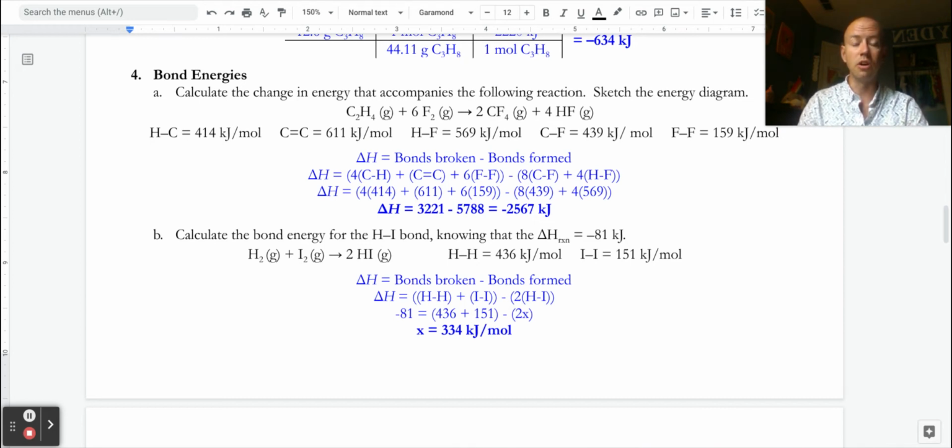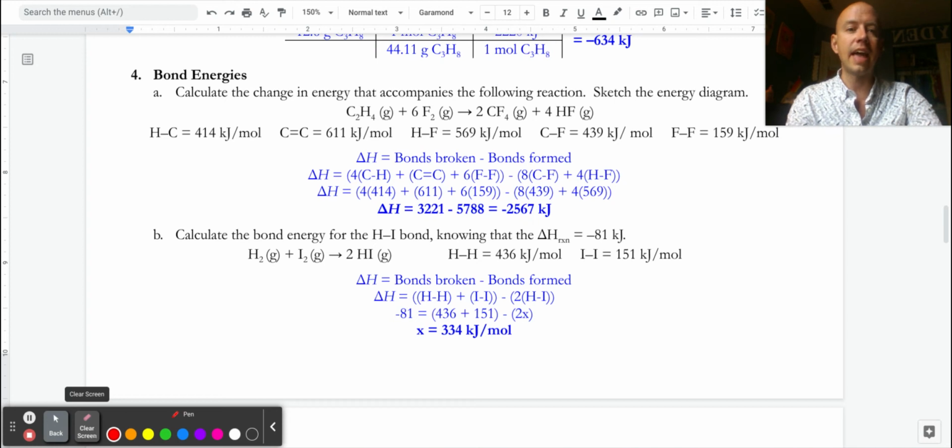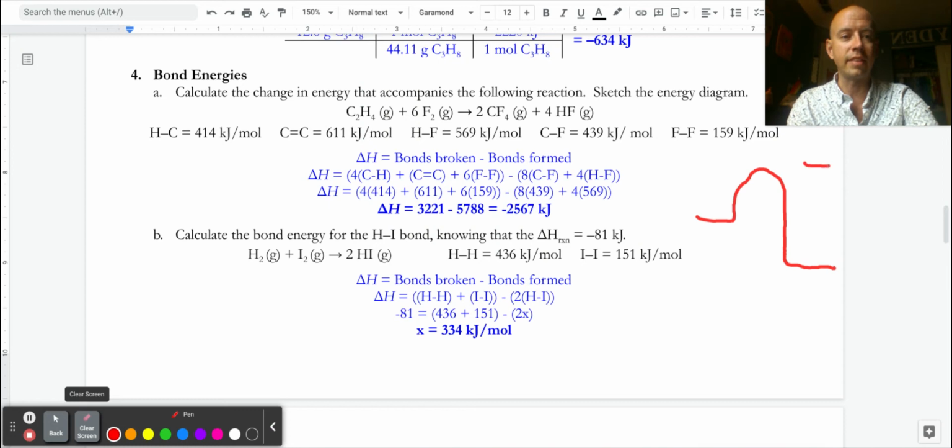We could also make the connection here that, although not asked in the problem, we could think about our activation energy, and it does ask for a sketch of the energy diagram, which I didn't do, but it would look something like this. Our uphill would be 3,221, so that's how much that would be.